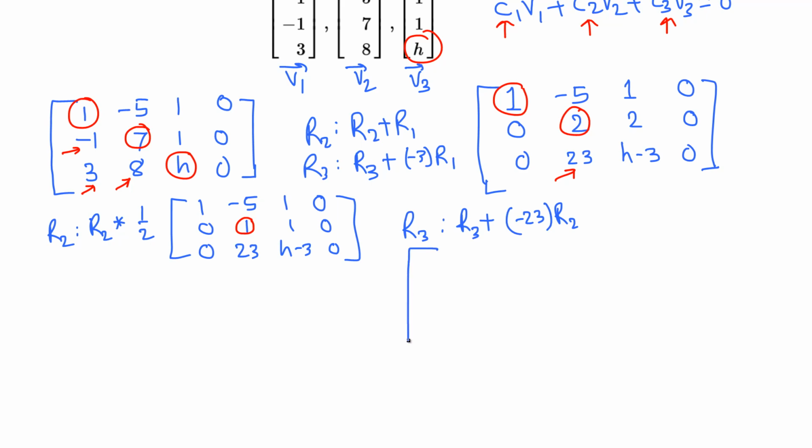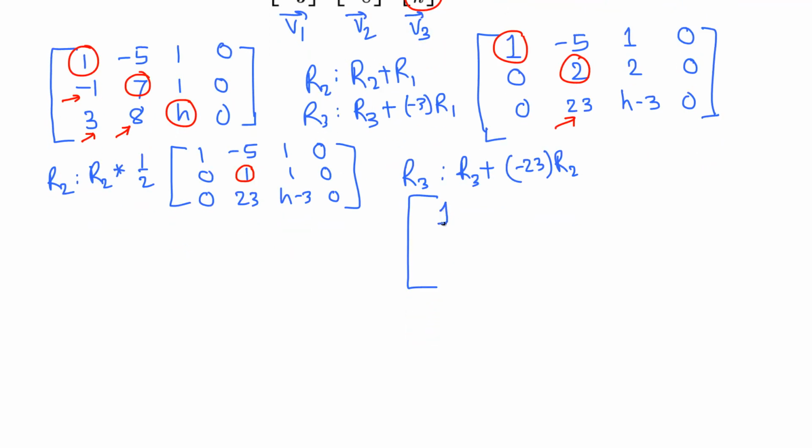That gives us 1, negative 5, 1, 0; 0, 1, 1, 0; and 0, 23 minus 23 is 0, h minus 3 minus 23 is h minus 26, and 0.